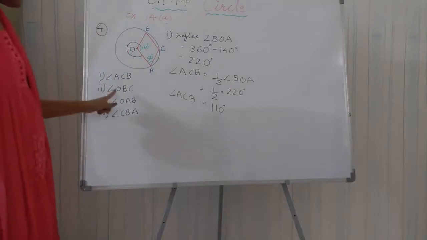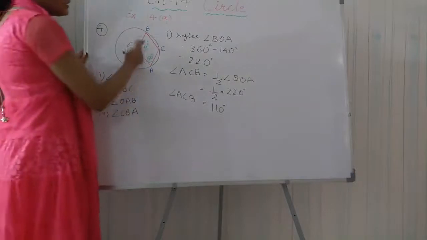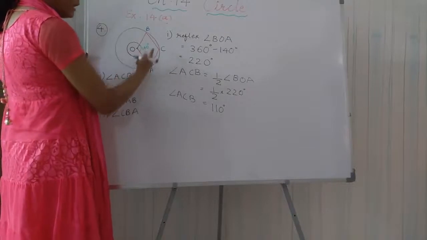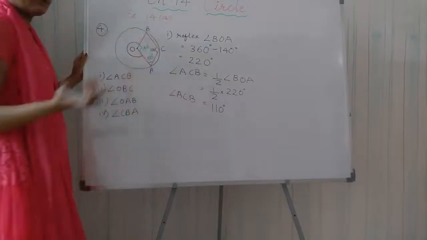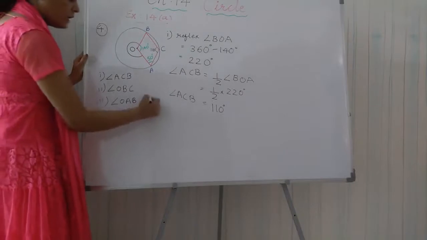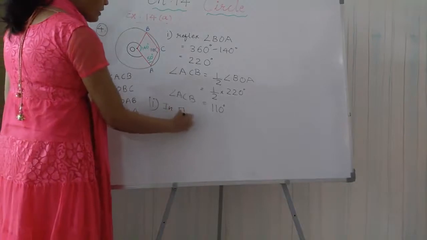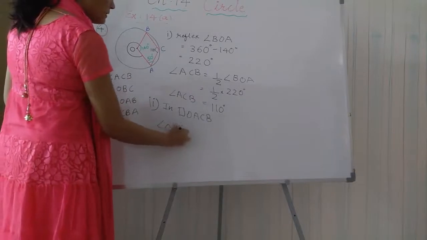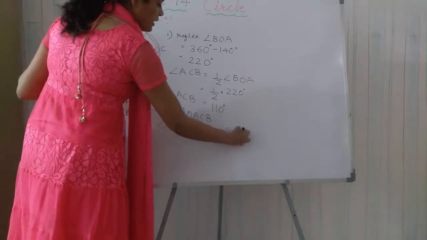Now, students, let us find angle OBC. This is a quadrilateral OACB in which we found three angles. This angle also we have found as 110 degrees. So the fourth angle we can find by using the angle sum property of a quadrilateral. I am writing here, second, in quadrilateral OACB, angle O plus angle A plus angle C plus angle B is equal to 360 degrees.